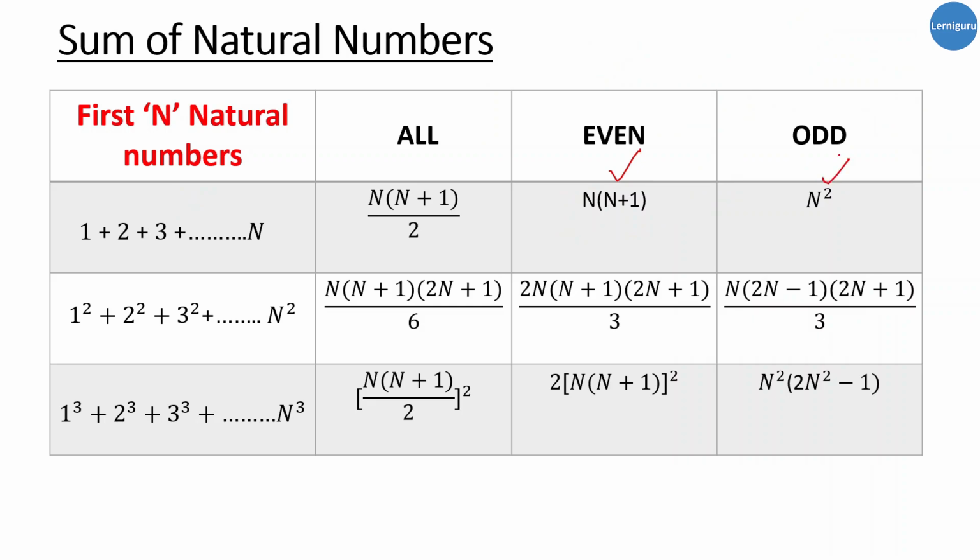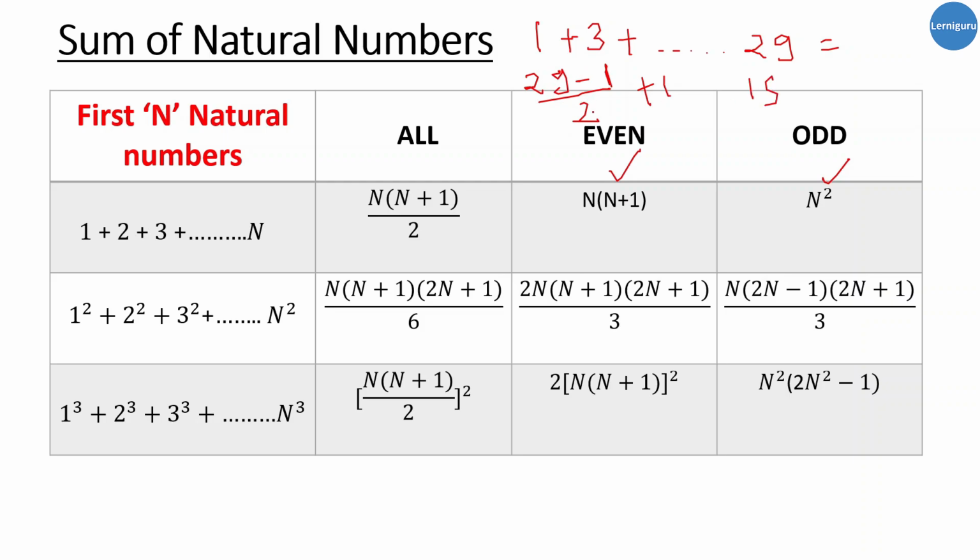Similar goes for this formula, sum of first n odd natural numbers. Like 1 plus 3, let's say till any number, let's say 30, not 29. 29. So here the value of n will be 29 minus 1, common difference is 2, divided by 2 plus 1. So that is again 15.